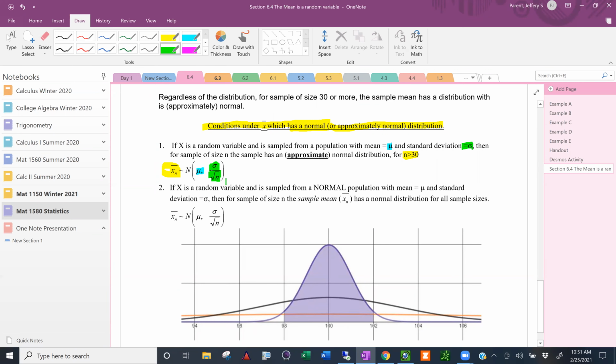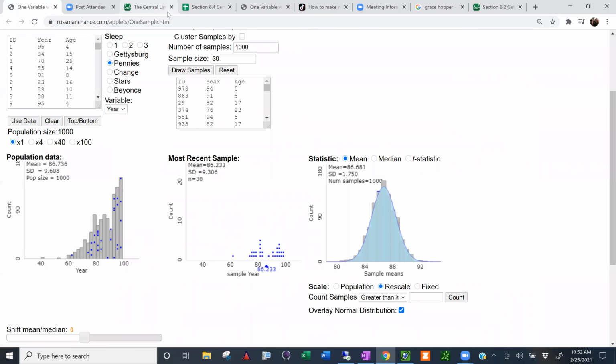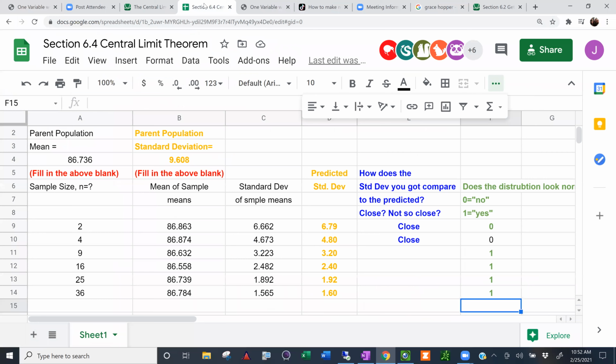So you might have been curious how I could make such a good prediction of what you would see when we did that simulation. Let's take a look back here, at our central limit handout or central limit Google Sheets. The formula that I plugged in here would be this number divided by the square root of the sample size. If you click on this cell, you'll see exactly what I did. I took this number here, which is the standard deviation of our parent population, and divided by the square root of our sample size.